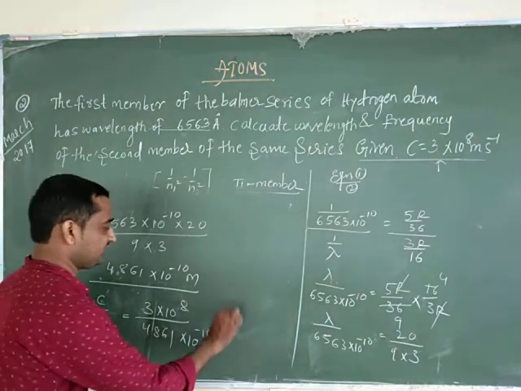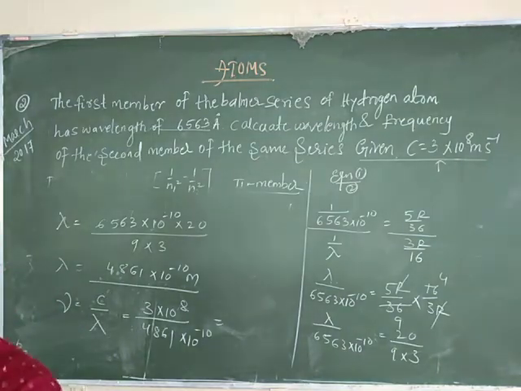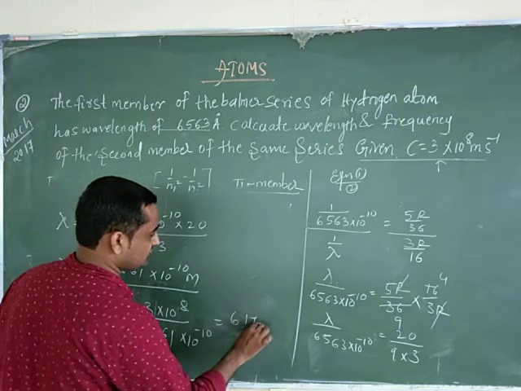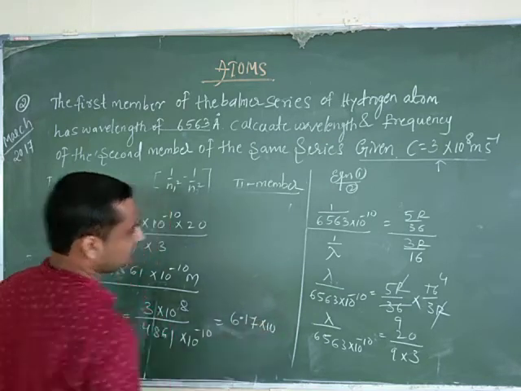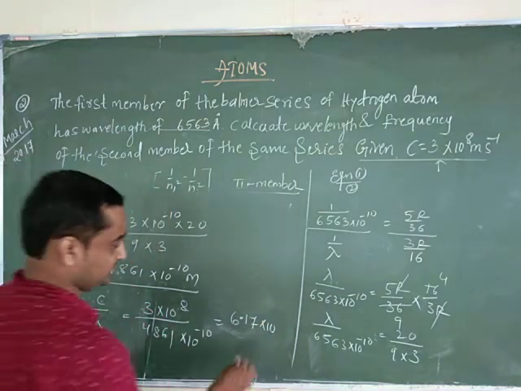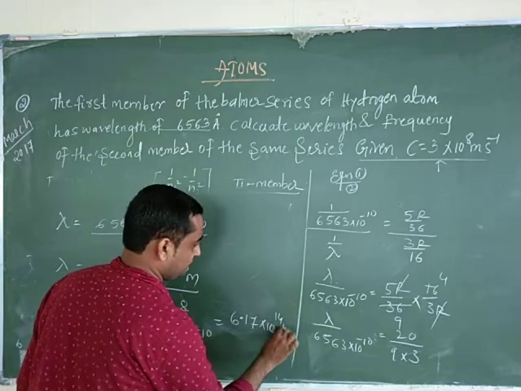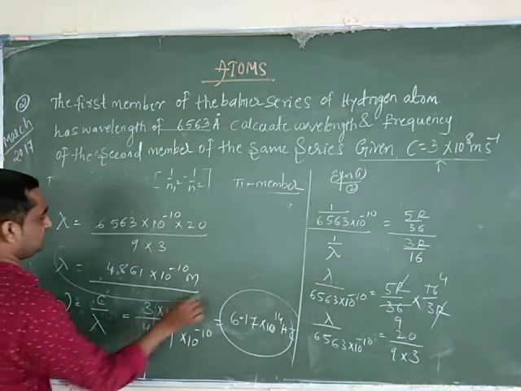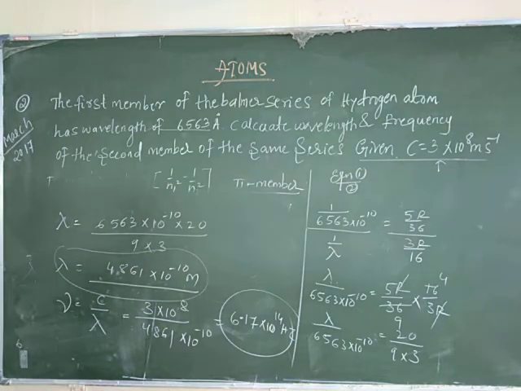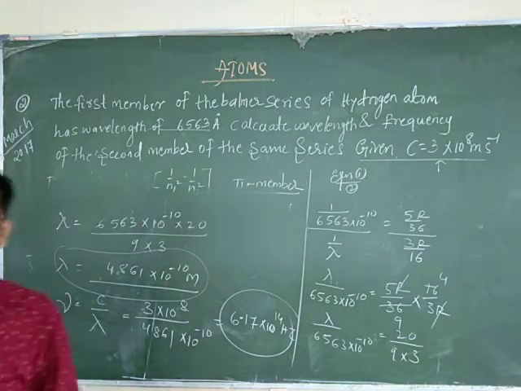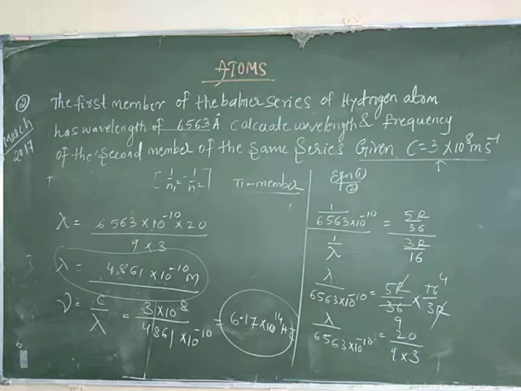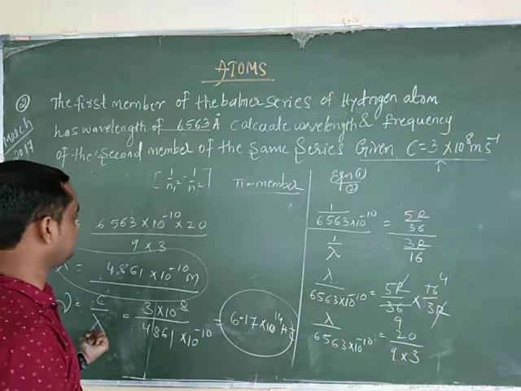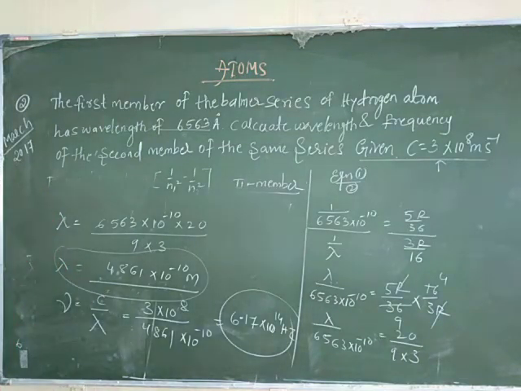By solving this, we will get 6.17 into 10 to the power 14. So this is the value of frequency, and this is the value of wavelength of the second member of the Balmer series. In this way you have to solve based on the calculation of frequency as well as the wavelength.